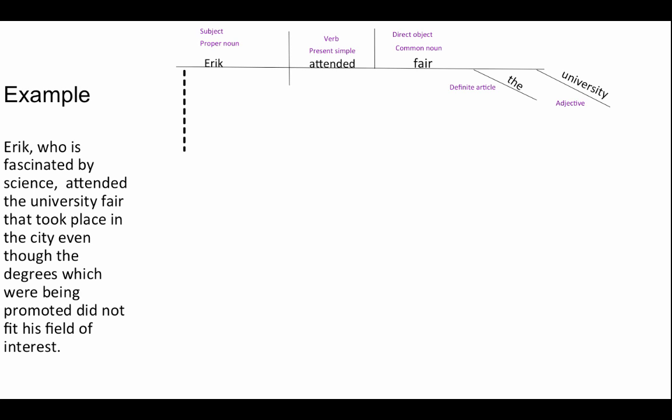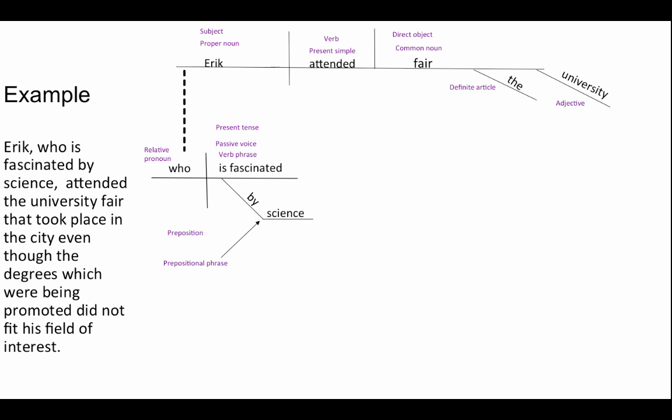Now let's diagram who is fascinated by science. It is a relative clause. It is non-restrictive. So who is the relative pronoun. Is fascinated is a verb phrase and it's in passive voice, present tense. By science is a prepositional phrase. By is a preposition and science is the object of the preposition.